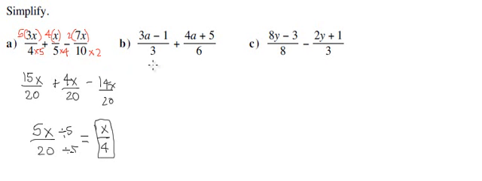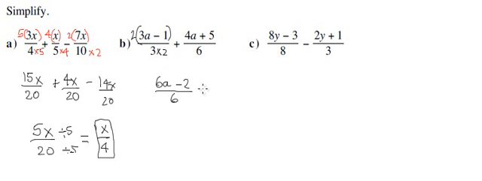Next one, we need a common denominator, and in this case it would be 6, the smallest number that 3 and 6 both go into. The fact that it's 6 means this second fraction is fine. We don't have to do anything to it, but we have to double this denominator, and we have to double this numerator. So now we have 2 times 3a is 6a. 2 times negative 1 is negative 2.